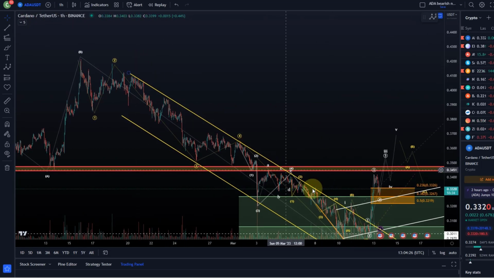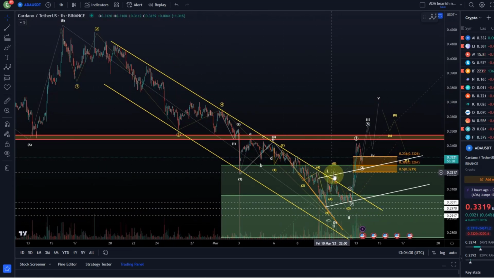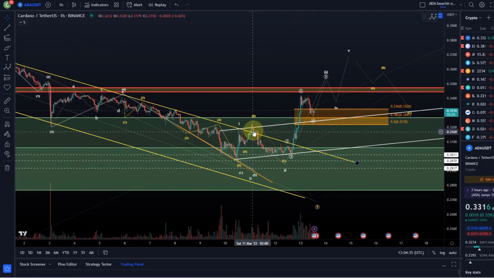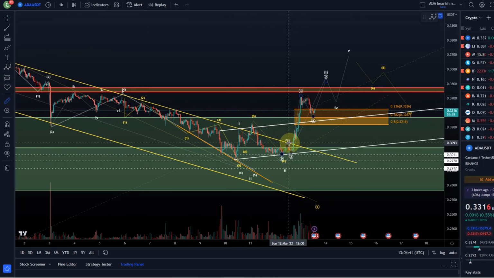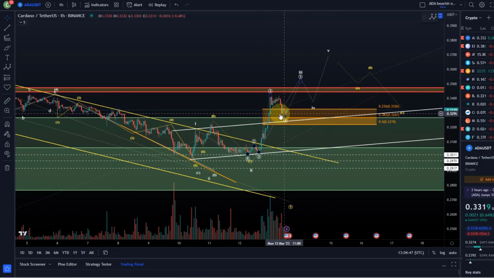Throughout this entire way down, ADA did not break the channel once. And we had one attempt here, a few days ago, that already indicated upside pressure is starting, but it didn't maintain it. And here we've got quite a significant rally, within a few hours, making another 10 to 11%. And it looks like we can hold the support at the moment, at least temporarily.